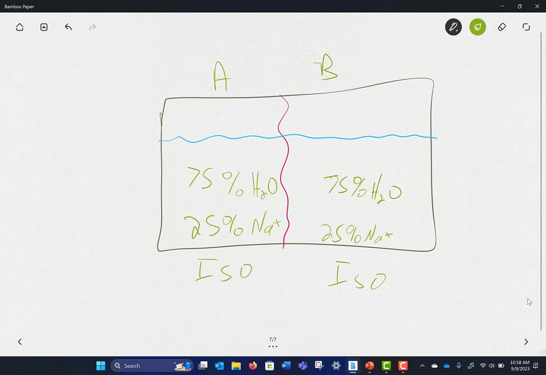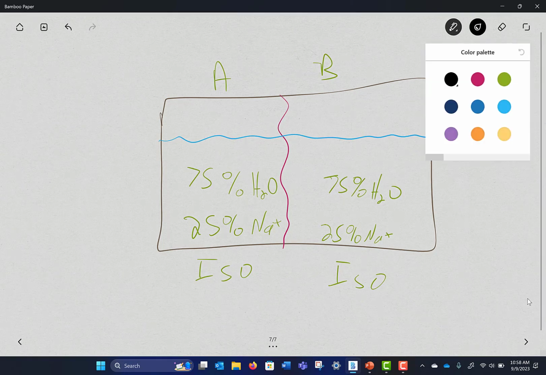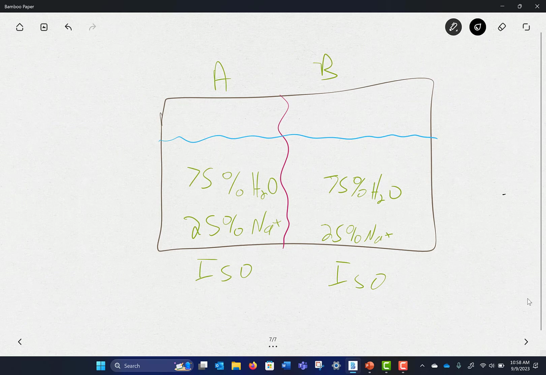Now, what happens here? Same concentration on both sides. It is really, really tempting to say, and now there is no movement. Now nothing happens. And if you look at it at a big picture, that's correct. A is not going to lose volume, B is not going to lose volume, neither of them are going to gain volume.